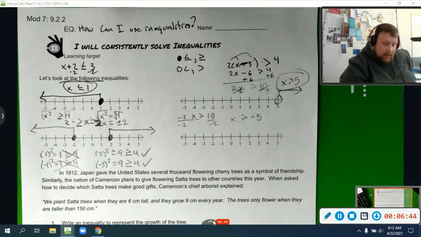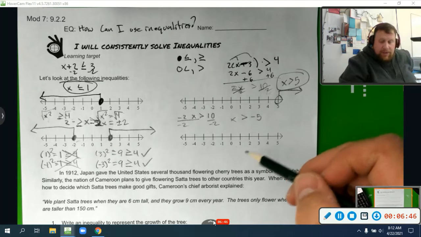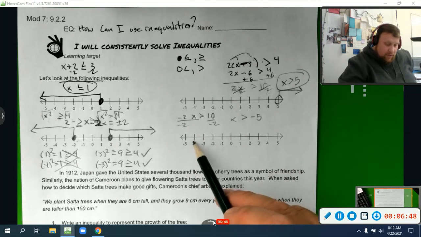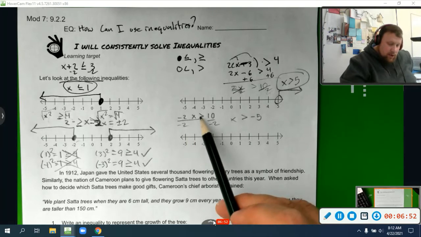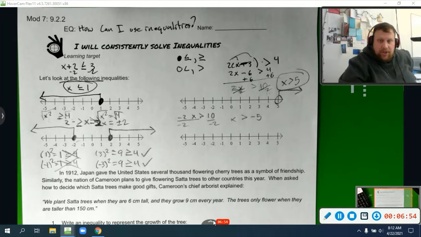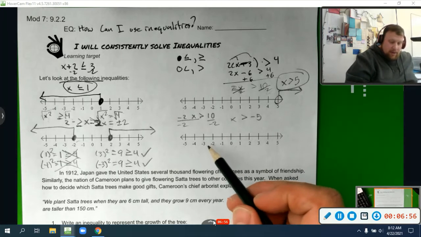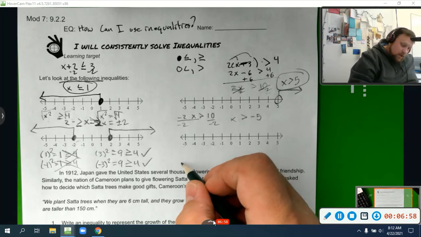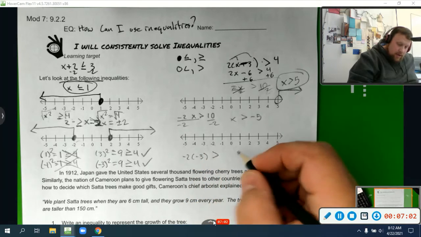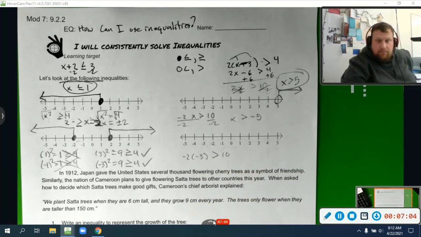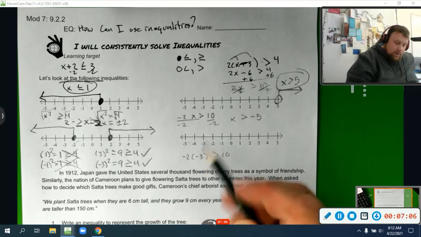So let's test that. That means I should be able to pick points greater than -5, right? Like -4, -3, -2, -1, any of those points. Plug it into the original equation, and I should get a true statement. So let's try it. I'm going to try picking the point -3. So I'm going to have -2 times -3 is greater than 10. Well, -2 times -3 is 6.